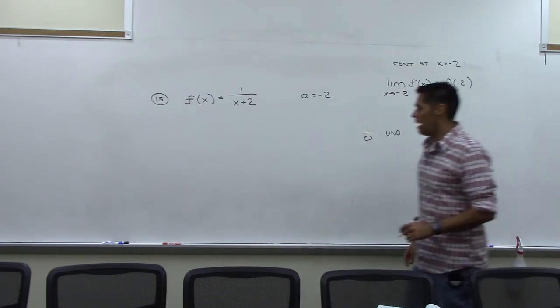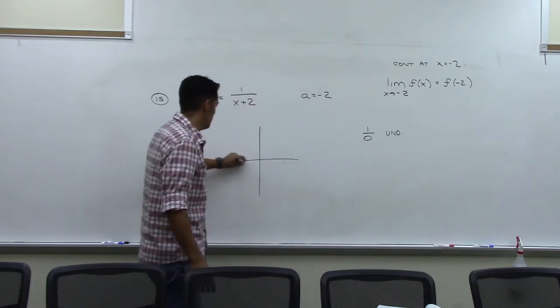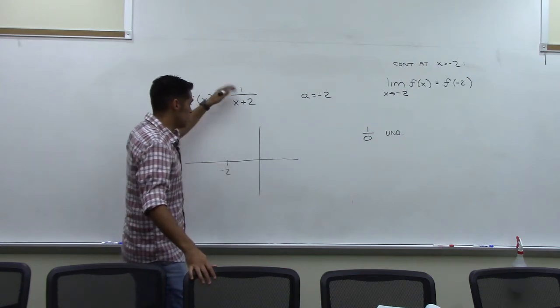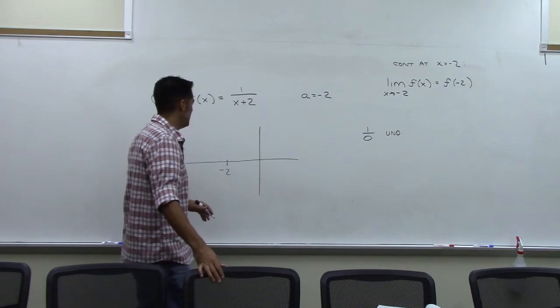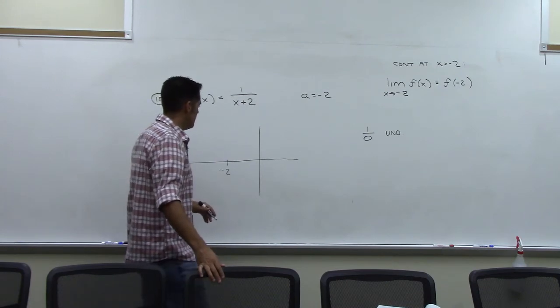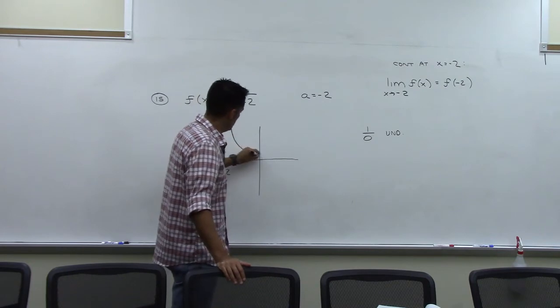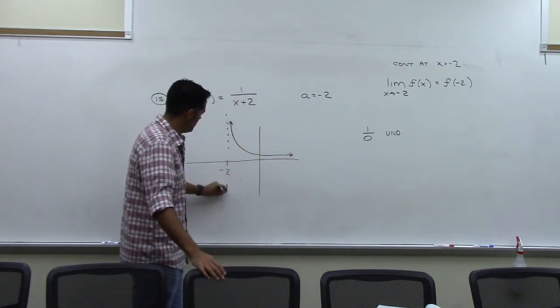Now, they want us to graph this, so you're going to have to go back to your college algebra. Remember, at -2, you have something interesting happening. This is a rational function. So if you were to plug in some test points, you would get something like this. Go like this, die down. You would have this vertical asymptote like this.